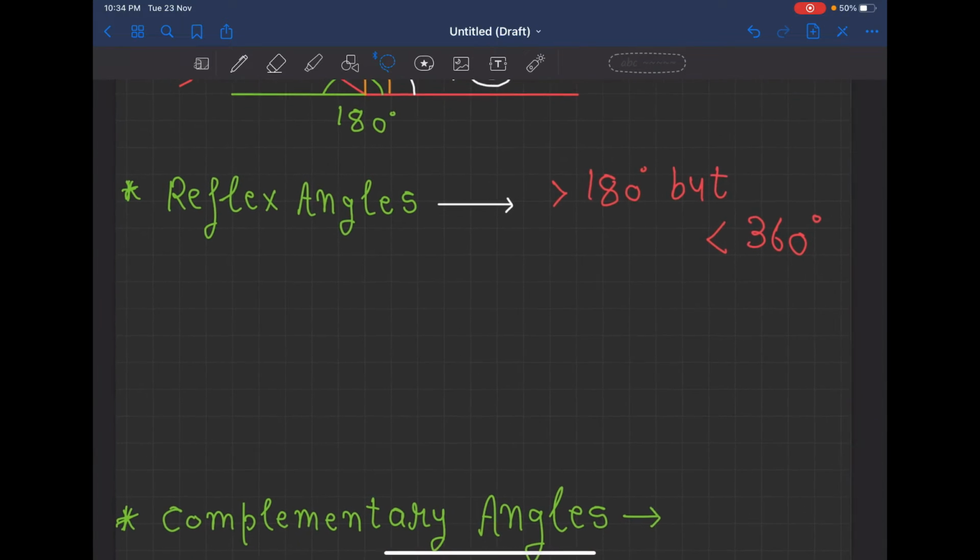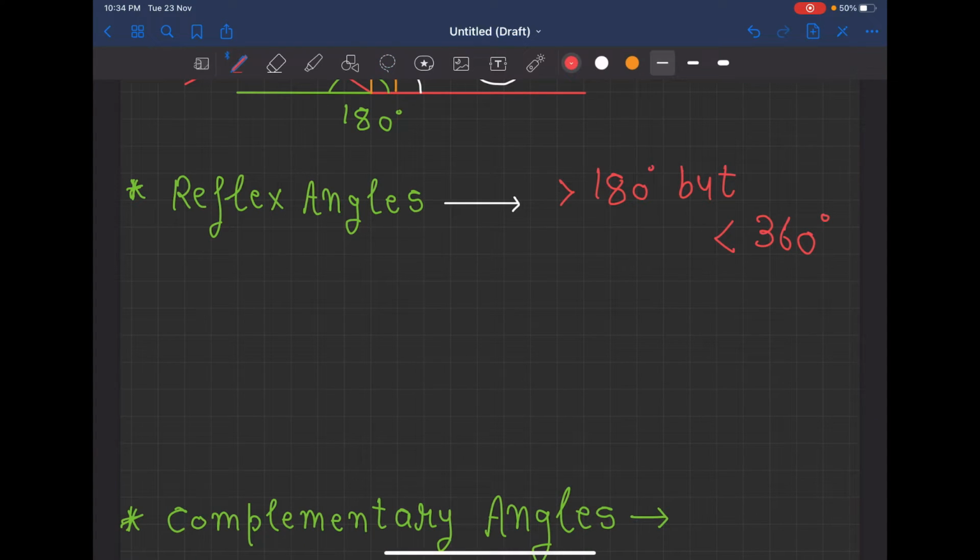Suppose you have a line like this and another line like this. What I mean to say is that one complete rotation will measure 360 degrees. Okay, so you end at the point from where you began.